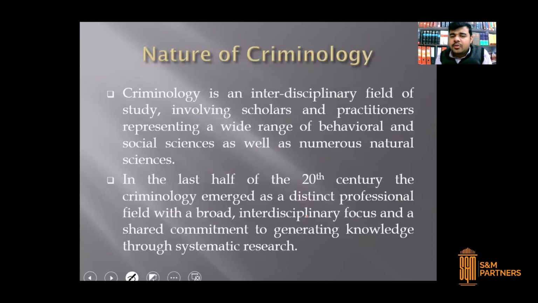Now, understanding the nature of criminology. We understood the objective of criminology. Let's understand the nature of criminology. Criminology is an interdisciplinary field of study which involves scholars and practitioners representing a wide range of behavioral and social sciences.